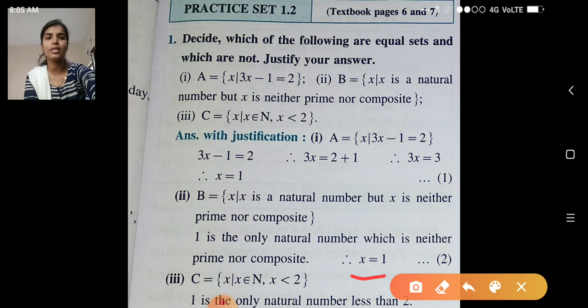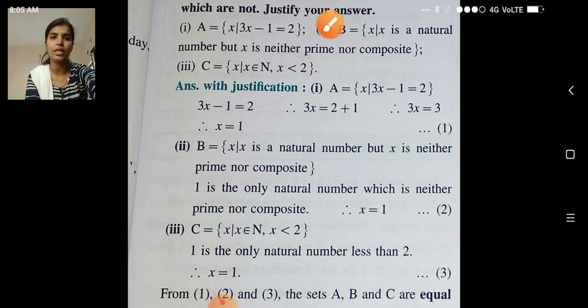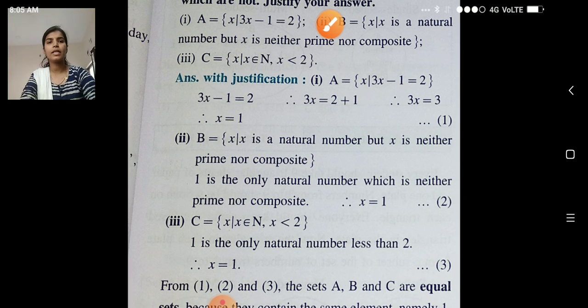Then we will see the last one, C: x belongs to natural numbers where x is less than 2. Natural numbers start from 1, and there is only one natural number less than 2. So in that set also x is equal to 1.